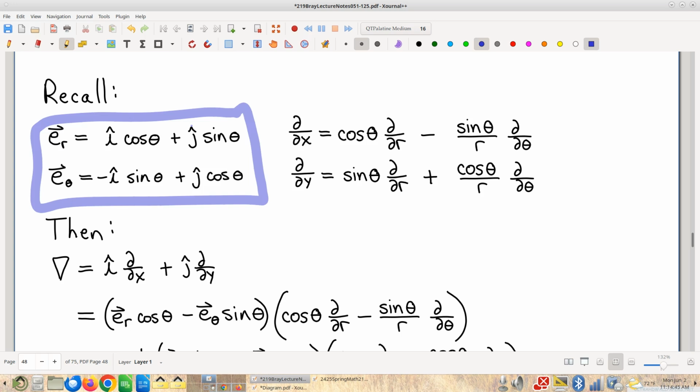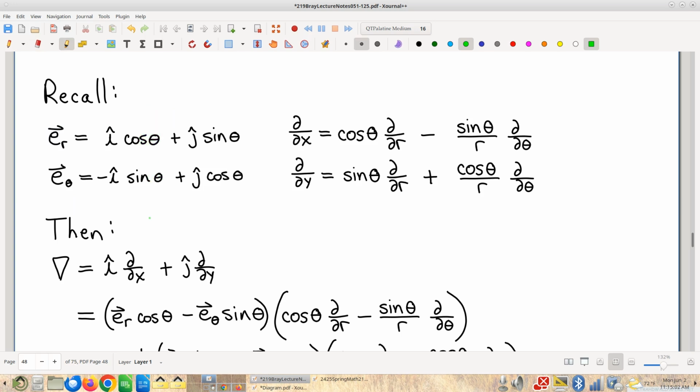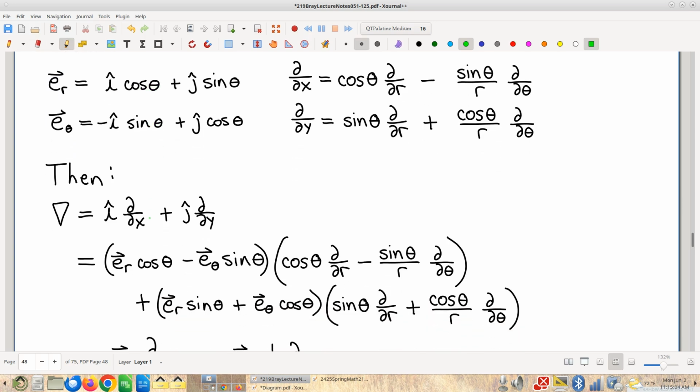These are just little geometry problems to persuade yourselves that those are what those vectors are. Notice, they're not constant. These have variables in them. In particular, these are both functions of theta.